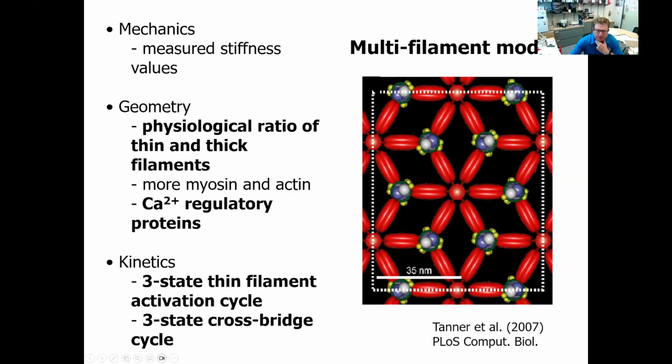And one of the things that helped was this dashed line shown here on the right. We simulated 4 thick filaments and 8 thin filaments, but we only simulated the interactions that would be within this dashed line.